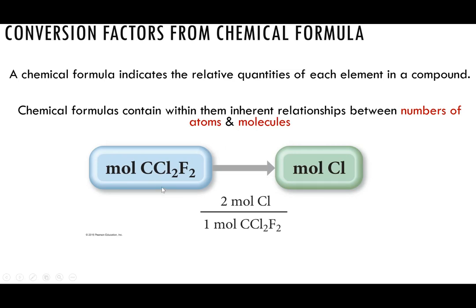This compound is carbon, 2 chlorines, and 2 fluorines. When we do these comparisons, we usually do them in the unit of moles. But when I introduce this idea, I like to think about molecules and atoms because that's a little bit easier for us to wrap our brains around.